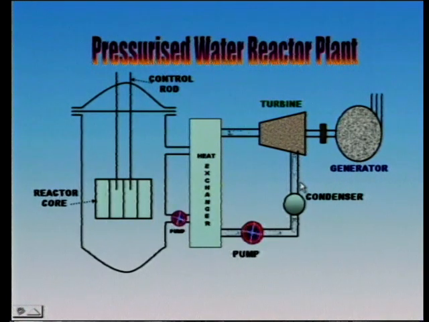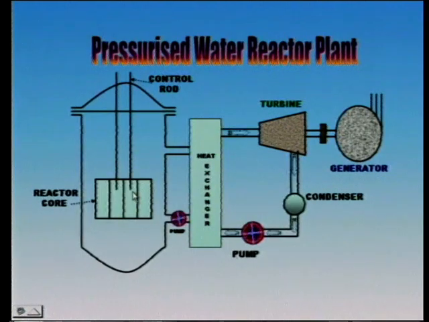The name itself is indicating pressurized water reactor. The water is sent through the reactor at a very high pressure. So, when the water is flowing through the reactor, if you observe the slide, I have got the reactor, the water is flowing through the reactor core at a very high pressure.